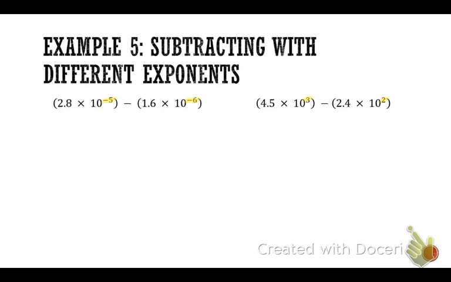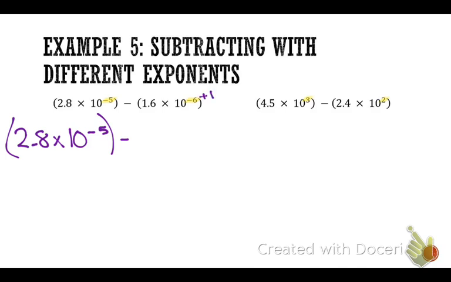On the first problem, which one has the smaller exponent? -6, okay? So that means that my first set, 2.8 times 10 to the -5th, doesn't change at all. That's ready to subtract. But my second one, I can't subtract yet because how many do I need to increase -6 by to make it equal to -5? 1.